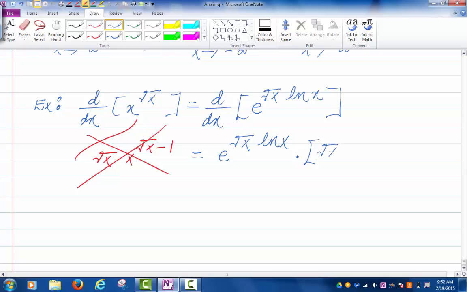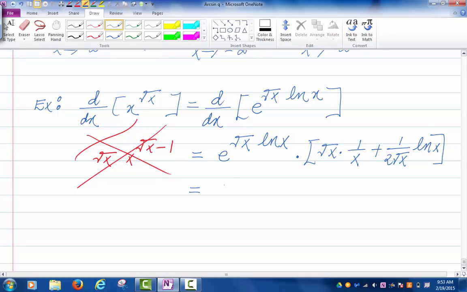It'll be root x times the derivative of ln of x, which is 1 over x, plus the derivative of root x, which is 1 over 2 root x, times ln of x. So that's the derivative of the exponent by the product rule.